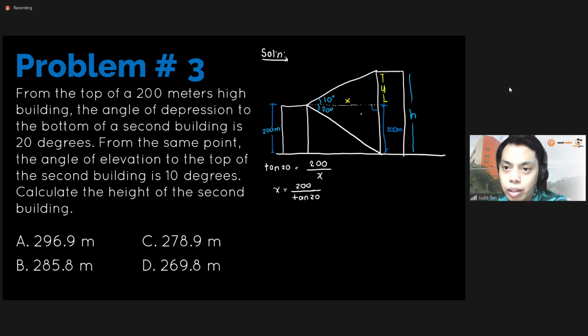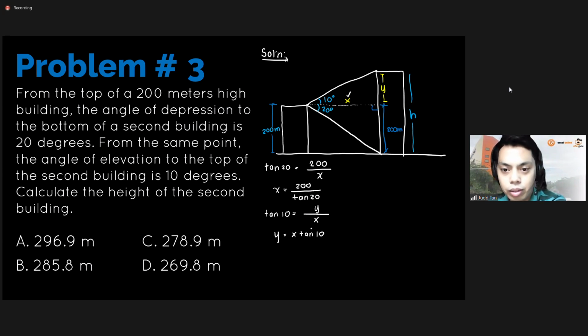Alright, next. Since okay na po yung x, let's go with y. I think that's also tangent. Tangent 10 degrees is equal to opposite, which is y, over x. So y is equal to x tangent of 10.